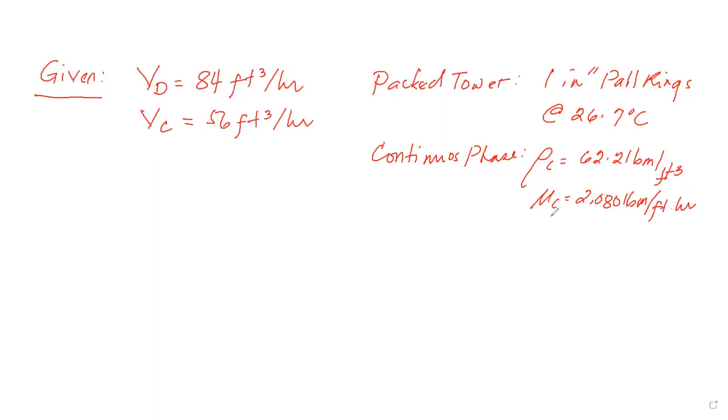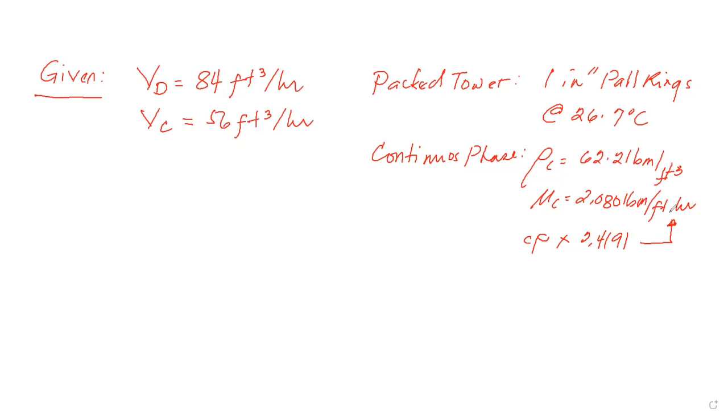Should this viscosity be given in centipoise, you need to multiply it by 2.4191 to convert it to this set of units, which is 2.080 pound mass per foot per hour. Okay, then what else?